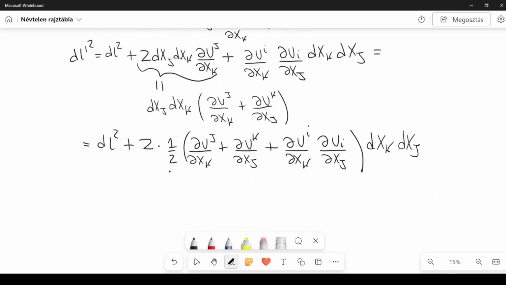And this object included in these square brackets is denoted by ujk, which is none other than the strain tensor.